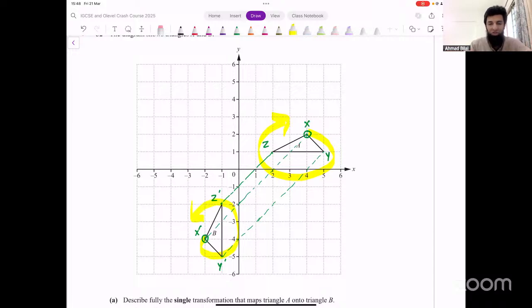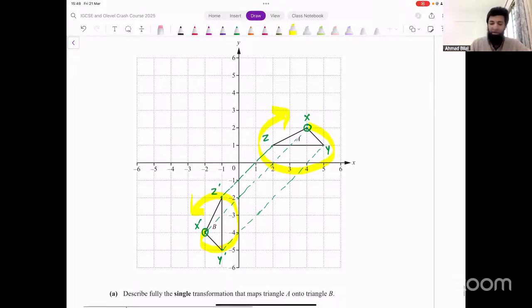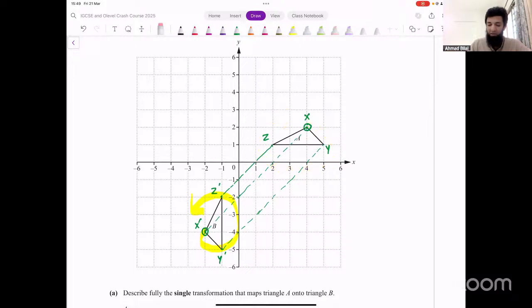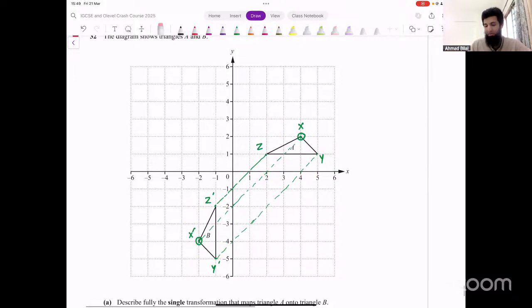So the direction of these vertices is reversed. That only happens in reflection. It does not happen in rotation. In rotation, the direction of these points remains the same. In this case, it was clockwise earlier. Now it's becoming anti-clockwise. All right, so it has to be a reflection.